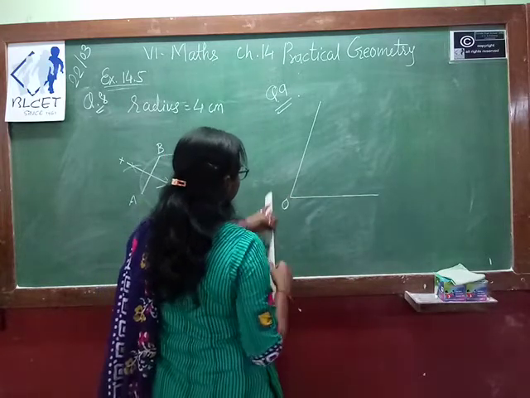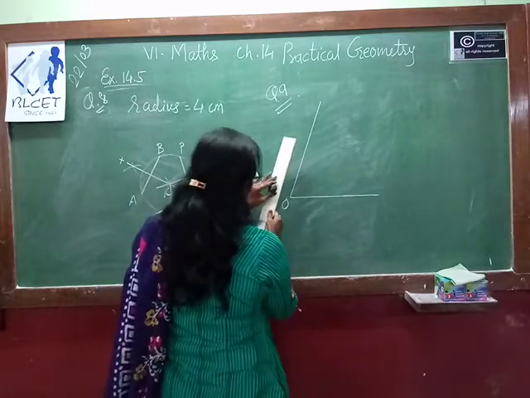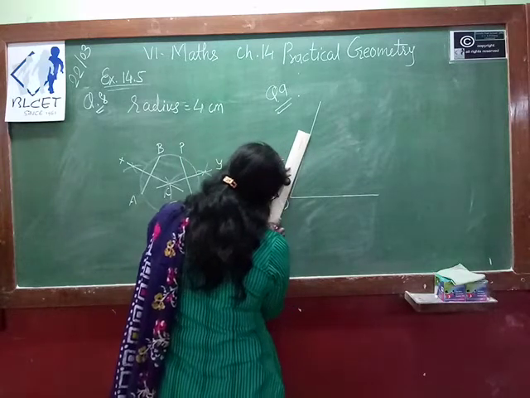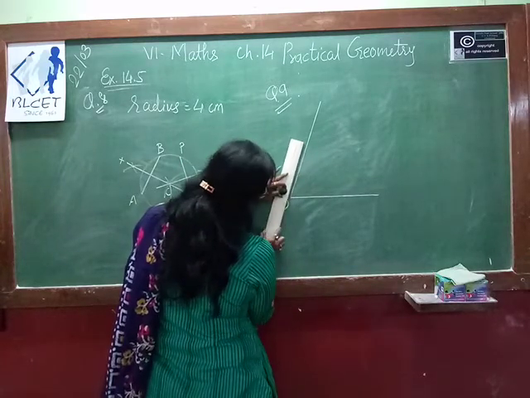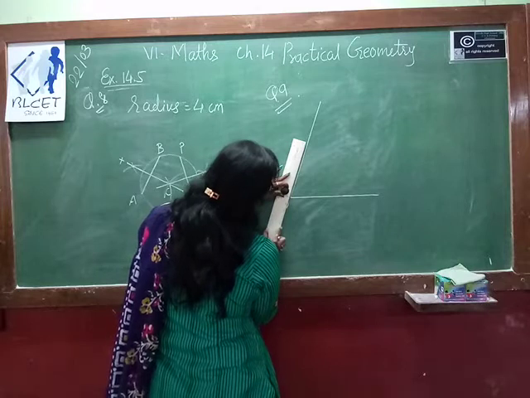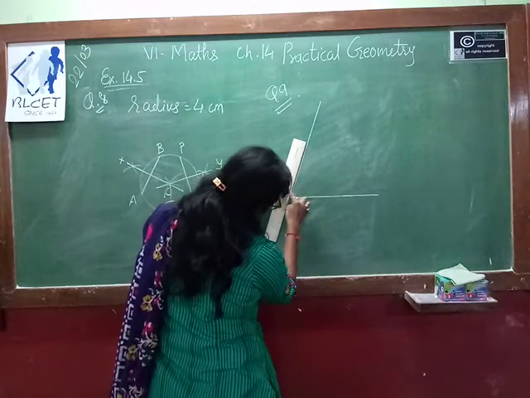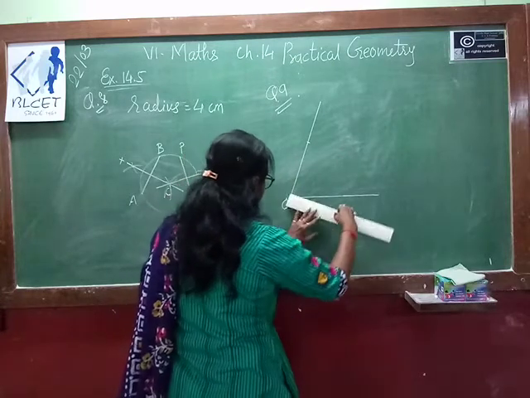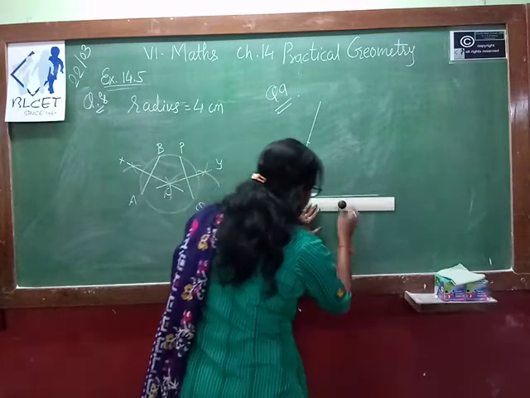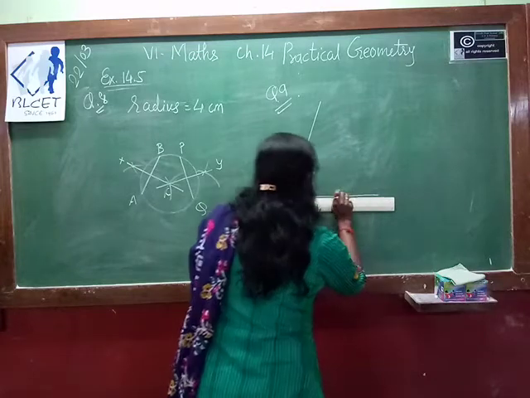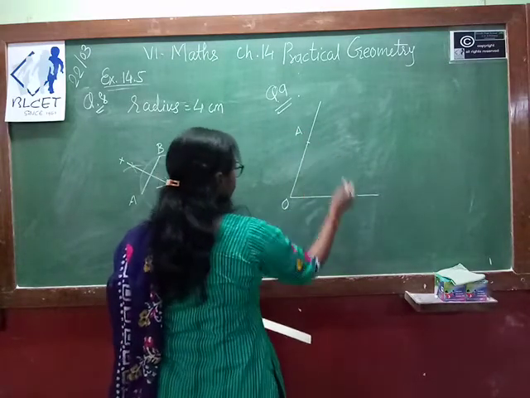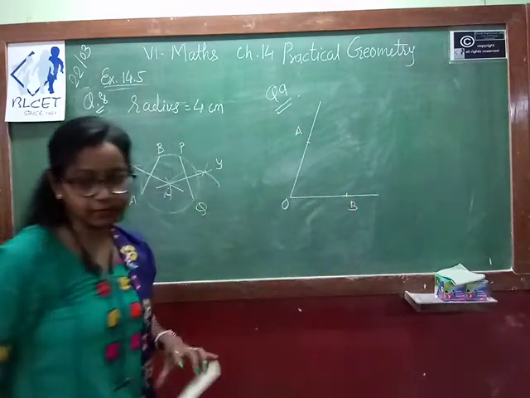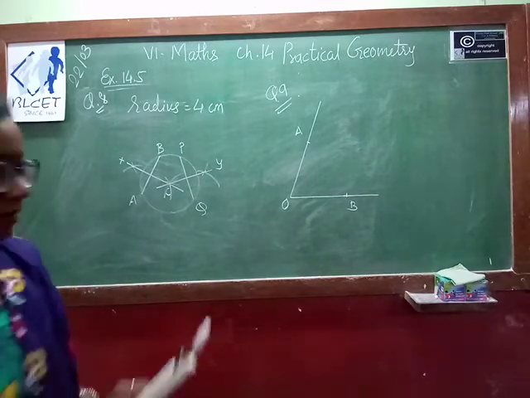O. Let's take the measurement with the help of a ruler. I take 8 centimeter. So this is your A, and here also 8 centimeter. OA, OB. Now we find the perpendicular bisector.